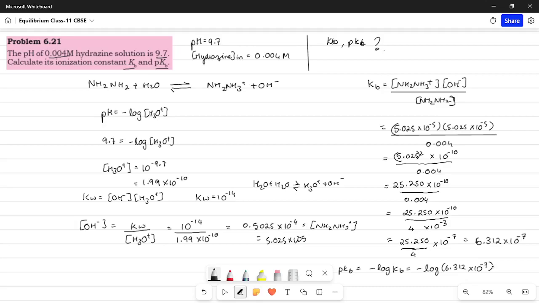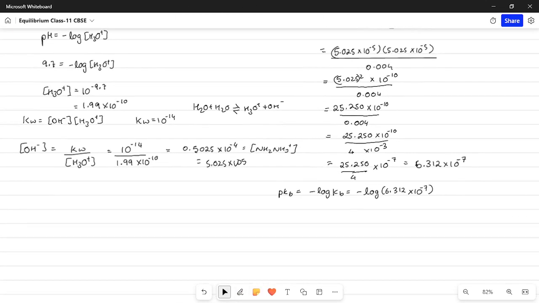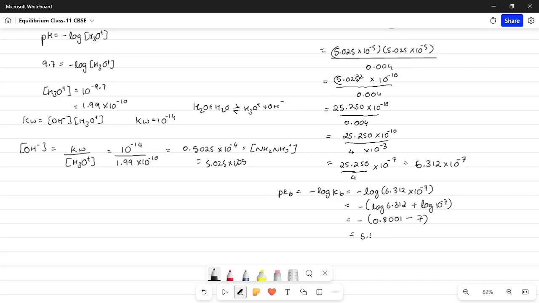Now, this when simplified further, you get minus, taking out in common, log 6.312 plus log 10 to the power minus 7, and this is equal to log 6.312 is 0.8001 minus 7, and this is equal to 6.1999. So this is the value of pKb.